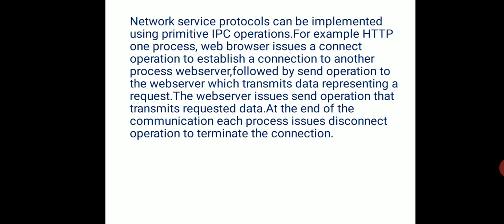The web browser issues a connect operation, and then issues a send operation to send the request, and the web server issues the send operation which transmits the required data to the web browser, and at last, at the end of the communication, each process issues a disconnect operation to terminate the connection.